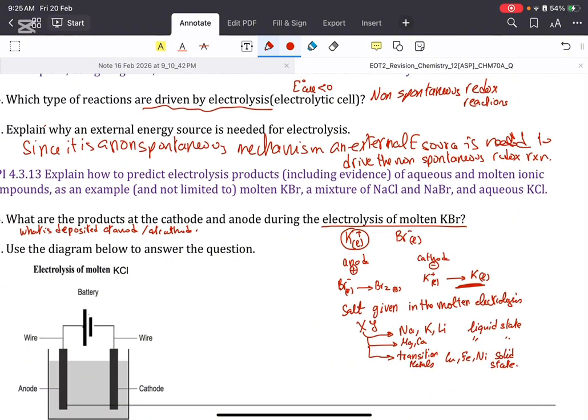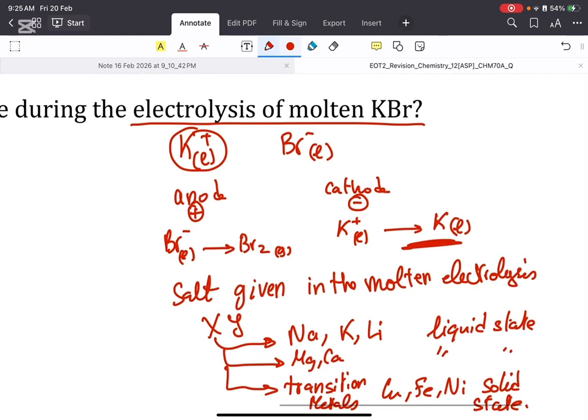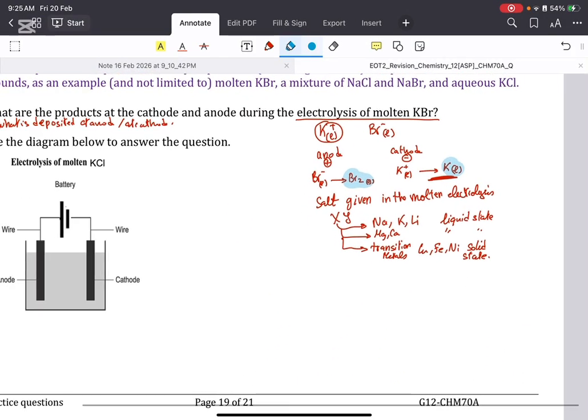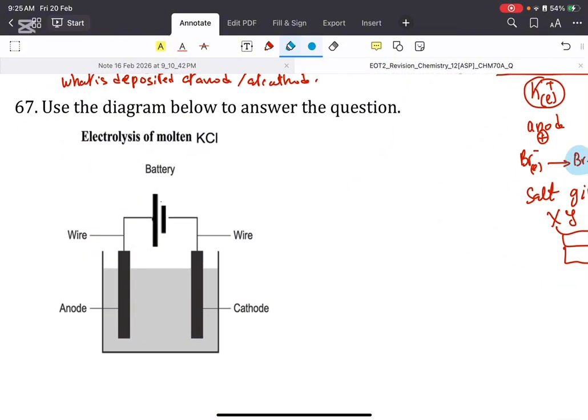So here, what are the products at the cathode and anode during the electrolysis of molten KBr? You will say at the anode we will obtain bromine gas, and at the cathode we will obtain liquid potassium. Again, use the diagram below to answer the questions. Be careful when you are looking at electrolysis.